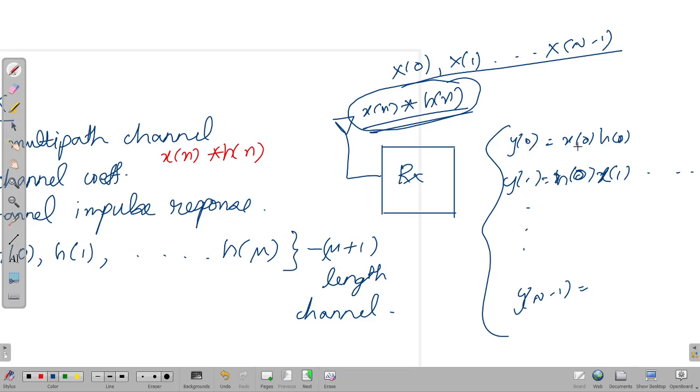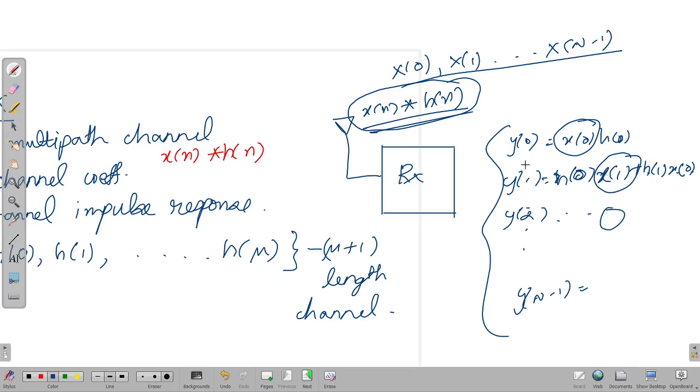So here y of 0 you can have x of 0 and h of 0, y of 1 you can have h of 0 x of 1 plus h of 1 into x of 0, y of 2, and as the convolution goes on, the number of addition terms increases. But what I want is to extract x of 0, x of 1, x of 2.